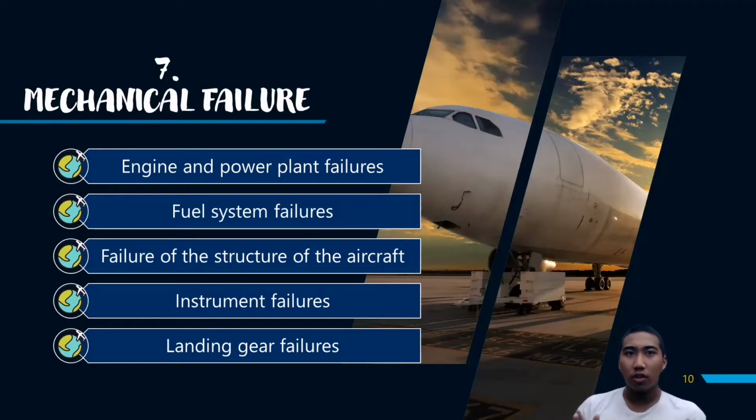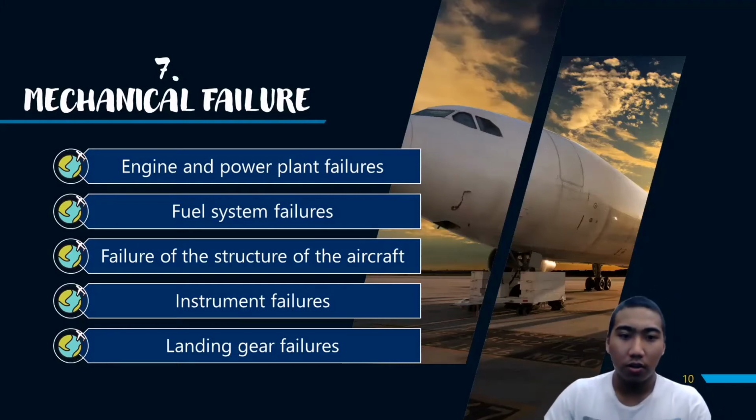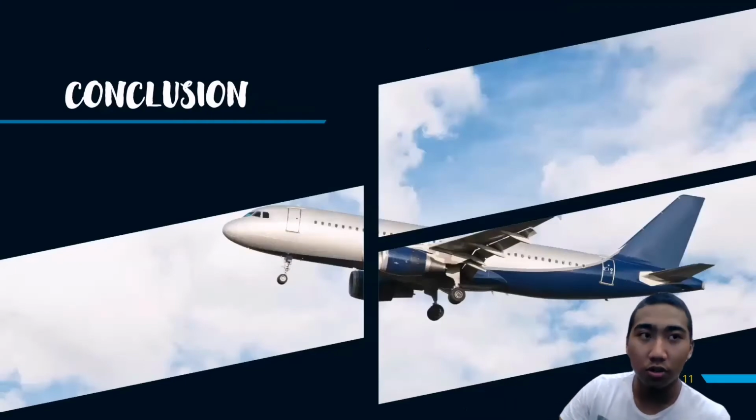Improvements in design and manufacturing have made planes much more reliable in this day and age. Nonetheless, equipment and mechanical failures still happen. Okay, that's all. The next slide is the conclusion.